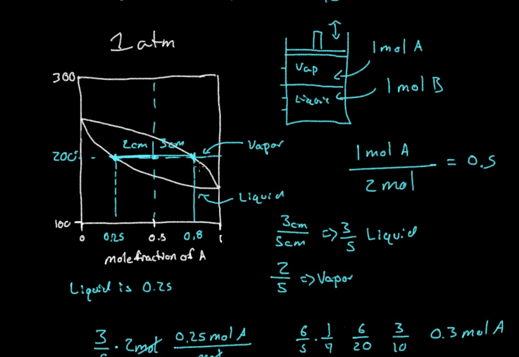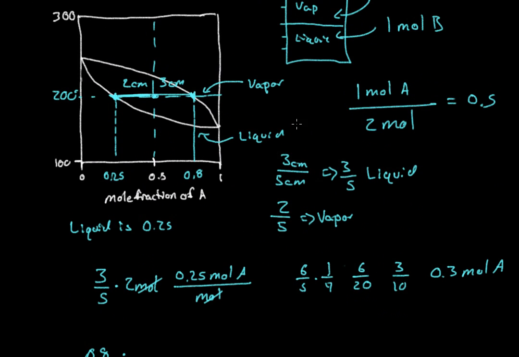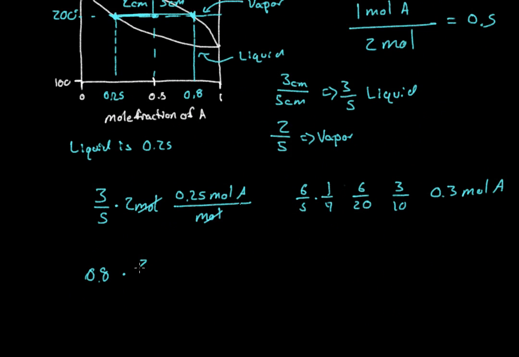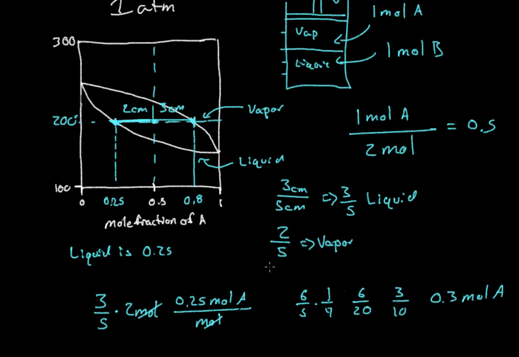Now, how many moles of A are in the vapor? So we see that the vapor has a mole fraction of 0.8 of A. So that is 0.8 times the fraction which is vapor, 2 over 5, times the total moles.